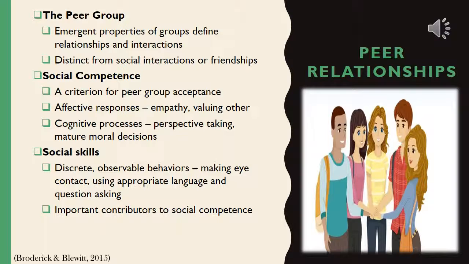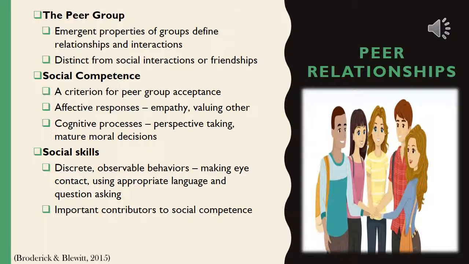And so children are trying to develop social competence. This is going to be a criterion for peer group acceptance, whereas social competence is going to need to have some effective responses of empathy and valuing others, and some cognitive processes of taking others' perspectives and making mature moral decisions, which tend to lead to greater acceptance and social competence.